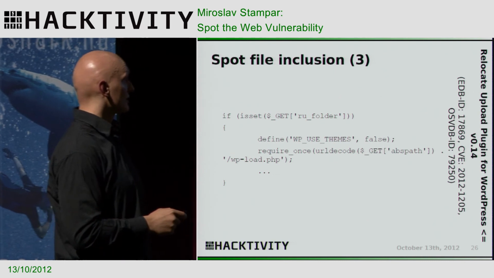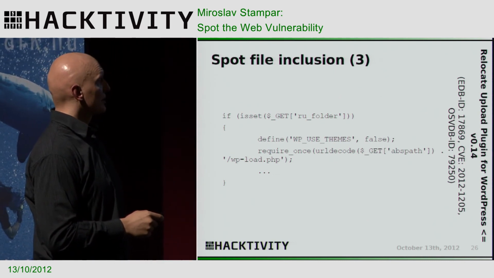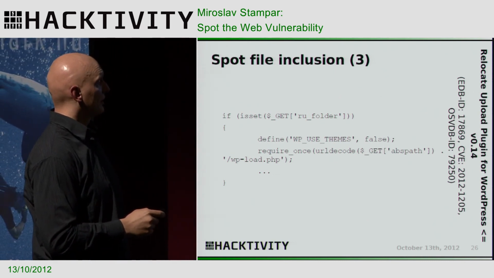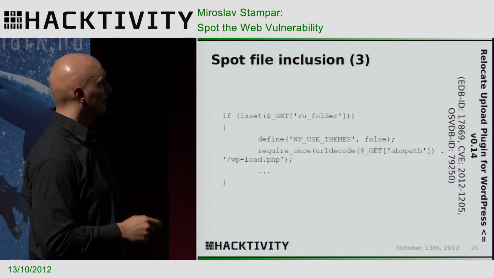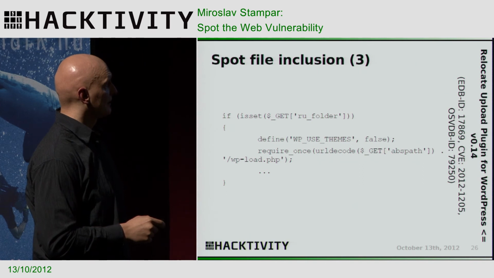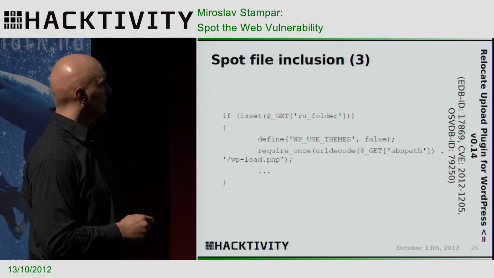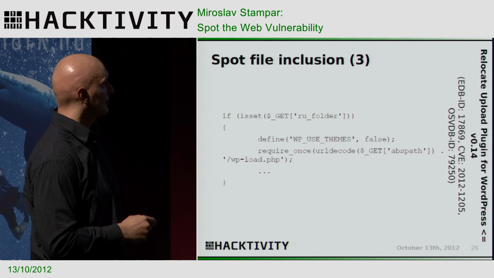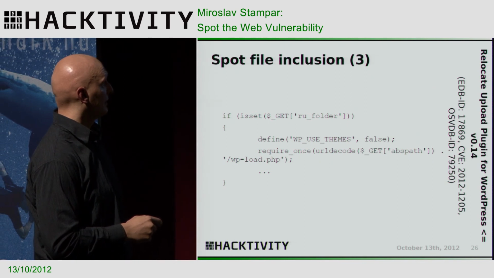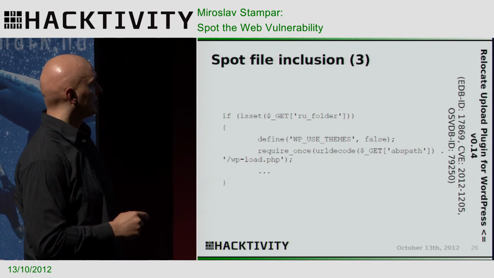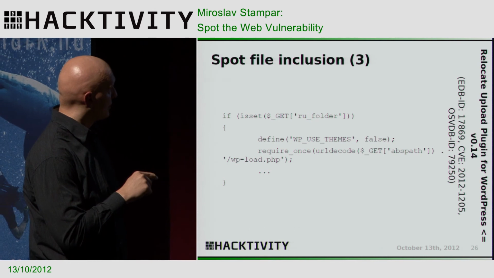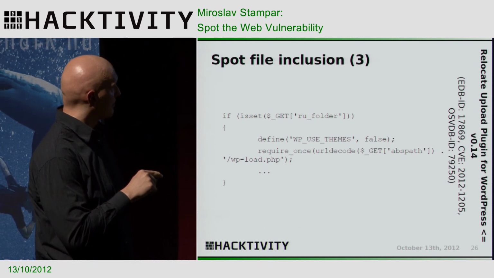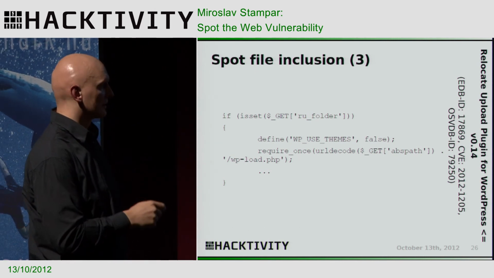So you can just put the web shell on your server and put the path toward it into the abs path. The only thing is that you have to either name it upload.php, or you can use that trick that I stated at the beginning, where you put a dummy GET value foobar equals this.